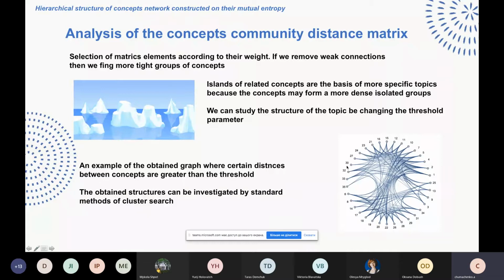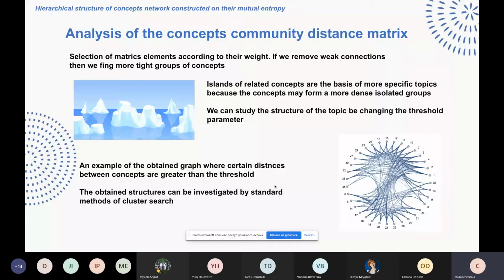An example of the graph you can find here. For example, it's for neutrino oscillations for a certain threshold. Not very high, because in this case, all these concepts became separate. But for some limit, we can find similar graphs. And after that, we can use clustering algorithms that were explained, for example, in a previous talk in this seminar last year.